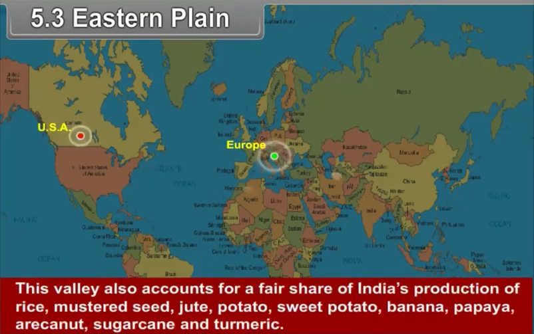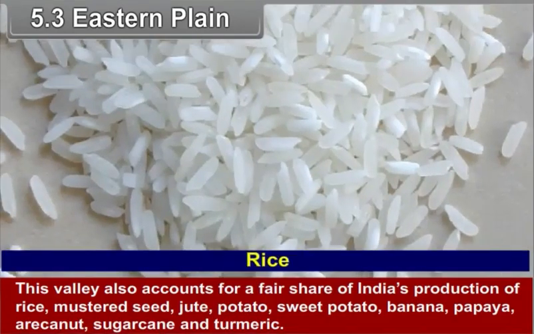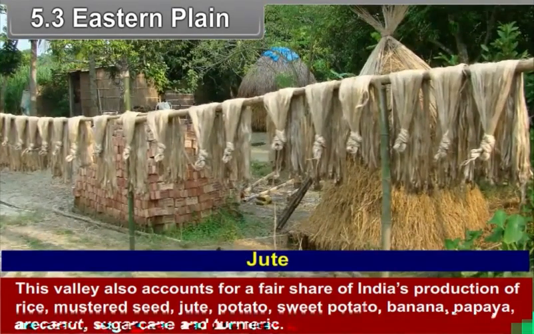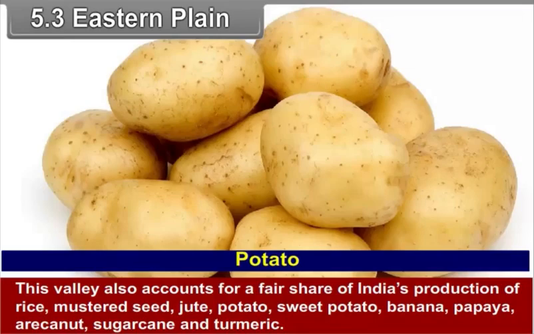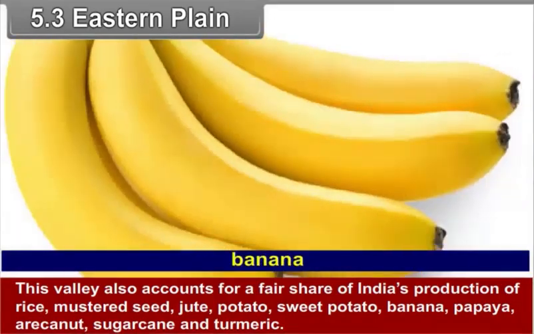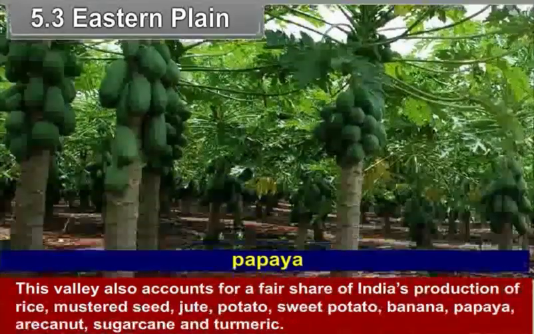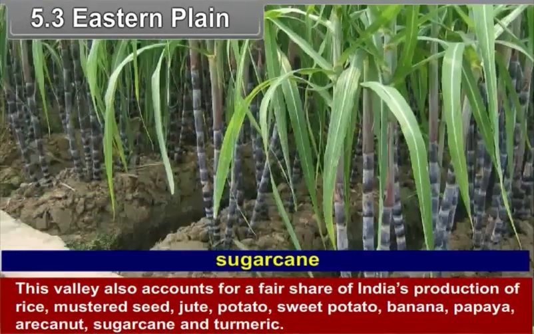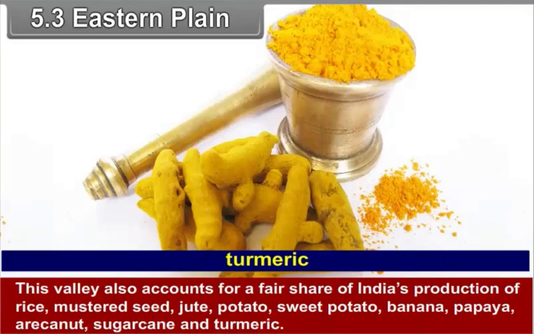This valley also accounts for a fair share of Indian production of rice, mustard seed, jute, potato, sweet potato, banana, papaya, arecanut, sugar cane, and turmeric.